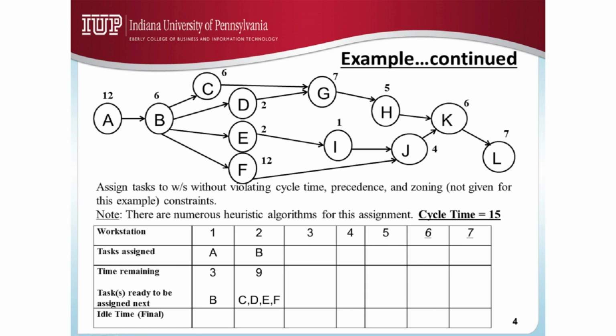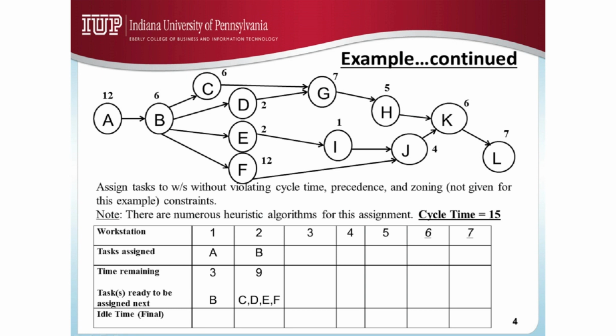The 3 minutes are still remaining in workstation 1. But unfortunately, I cannot assign anything more to workstation 1 because all the other tasks succeed B, which is in workstation 2.